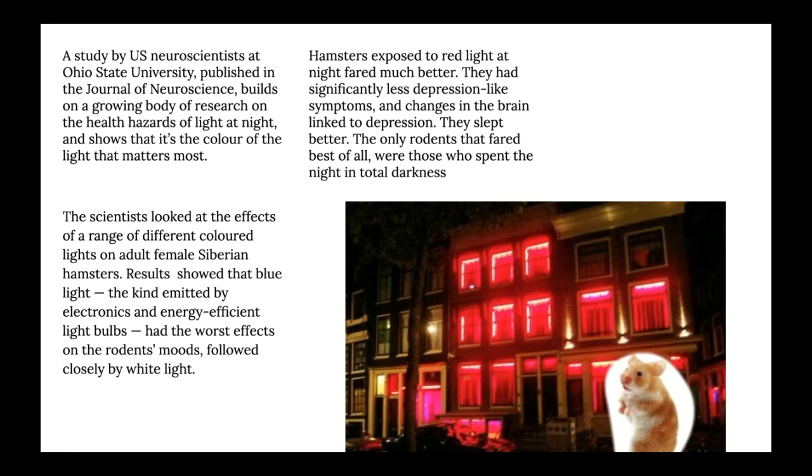Hamsters exposed to red light at night fared much better. They had significantly less depression-like symptoms and changes in the brain linked to depression. And they slept better. They went to their jobs in the morning happier. And the rodents that fared best of all were the ones who spent the night in total darkness.